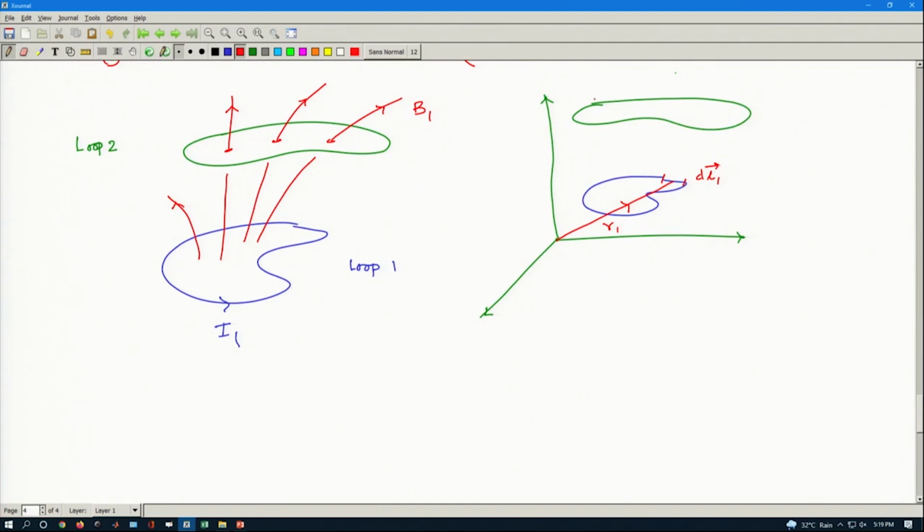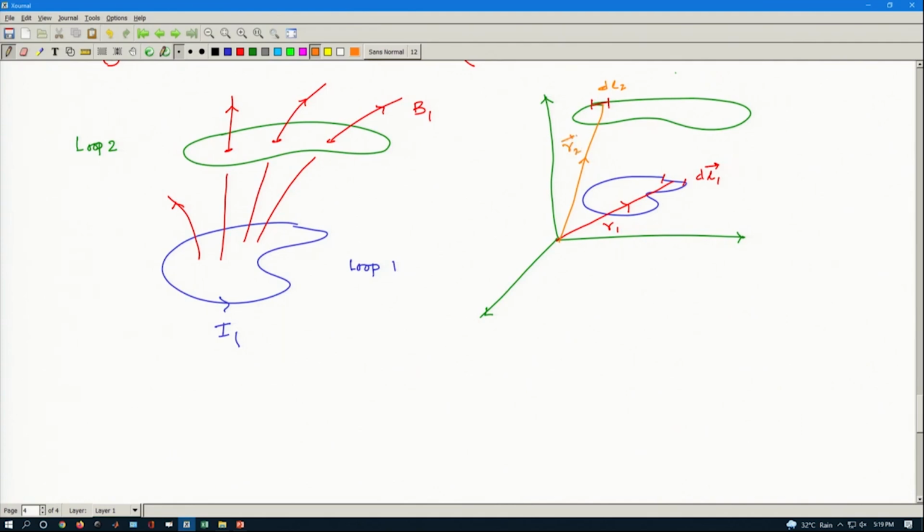And this is another section which we call, say, dL2, and the coordinate of dL2, say, R2.